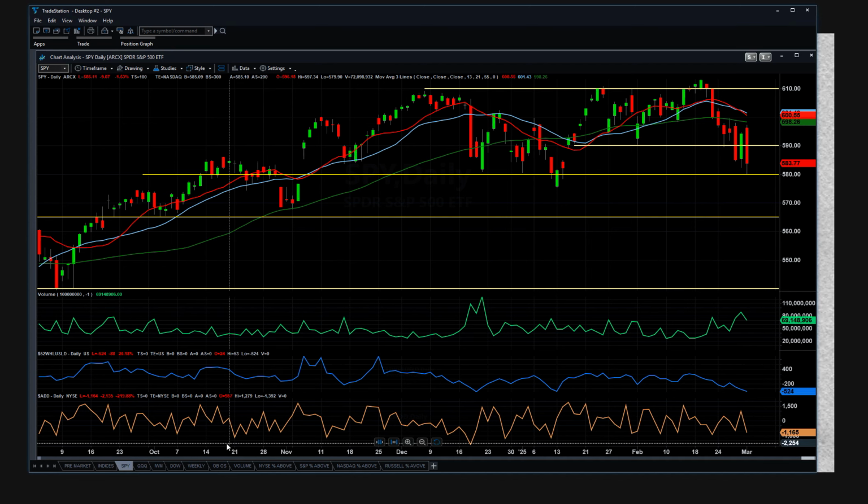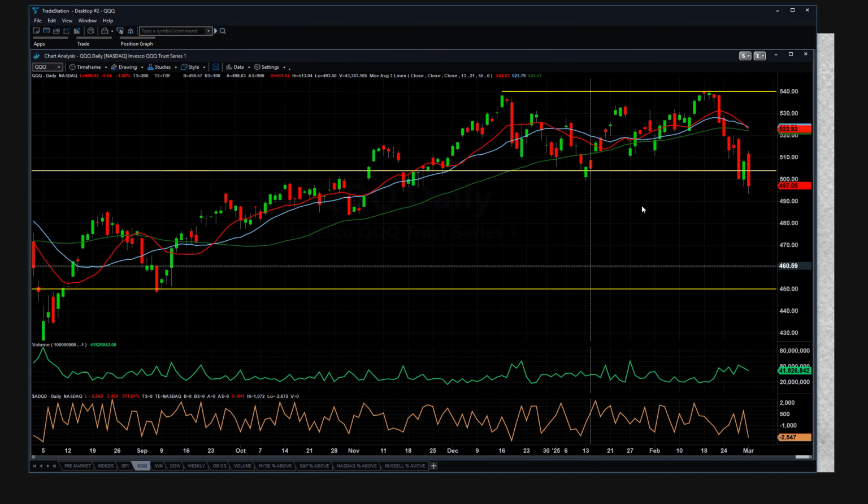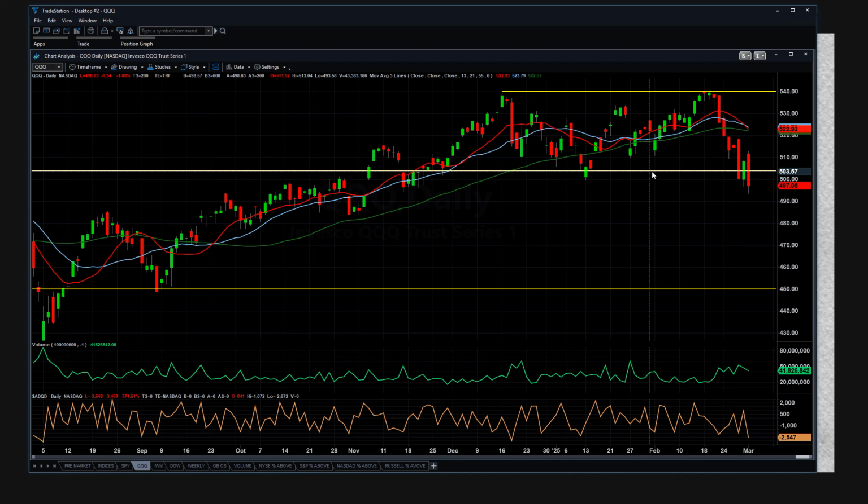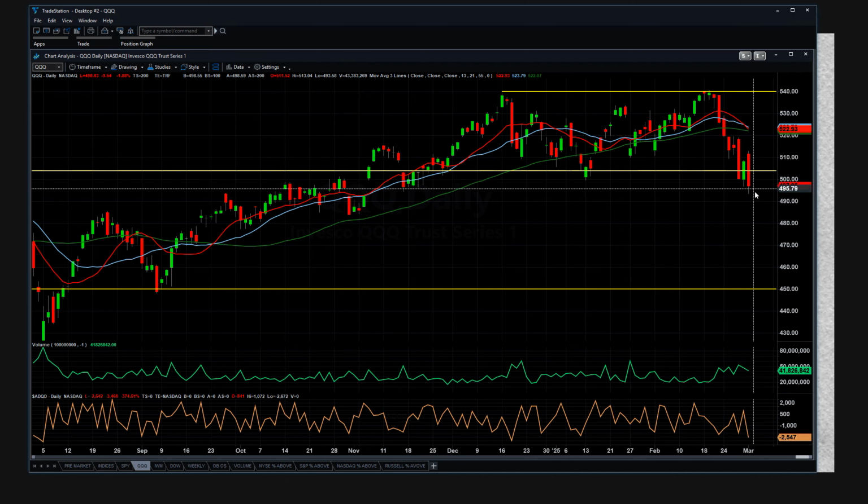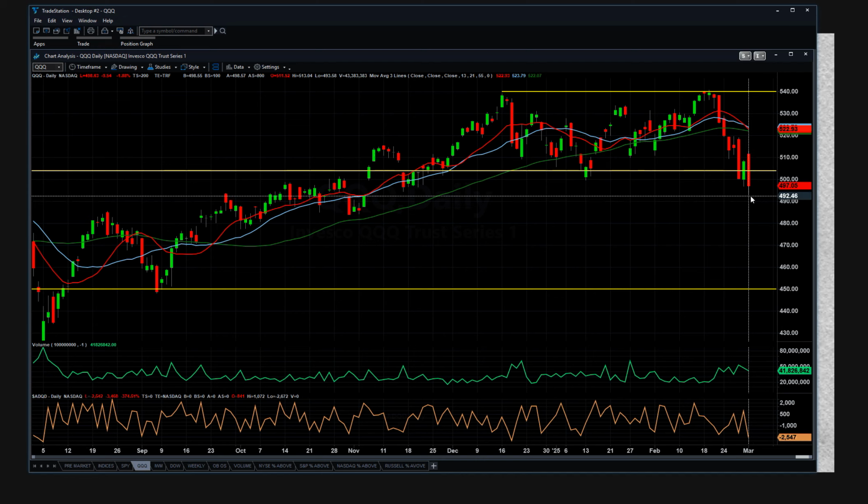Now, looking at where we are in terms of the Qs, you can see it's already broken through this 505 level. It's already traded through this day here, which was that false breakout. Friday we closed above the 505 level, so we need to see follow through in the Qs if we're going to see a rotational pattern to the downside.